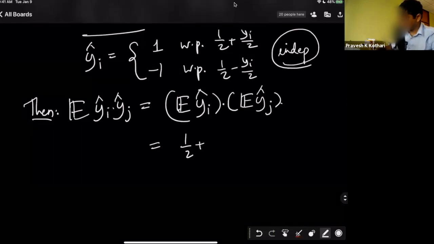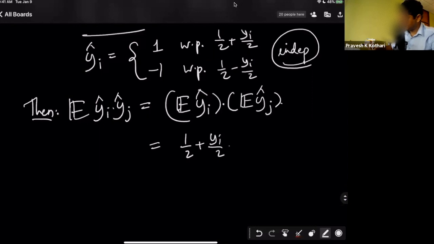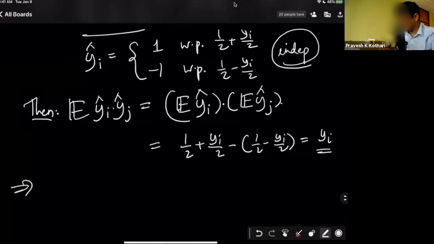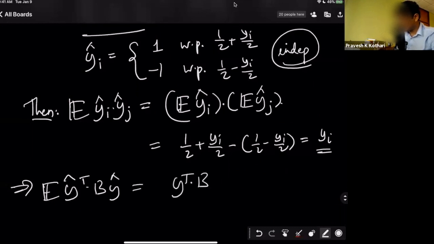Well, it's 1 with probability half plus y_i over 2, and it's -1 with probability half minus y_i over 2. So that equals y_i. That's it. I simply gave you a distribution on the hypercube whose expectation equals y. Okay, so hopefully this convinces you. So what does this imply? This implies that the expectation of y hat transpose B y hat equals y transpose B y.